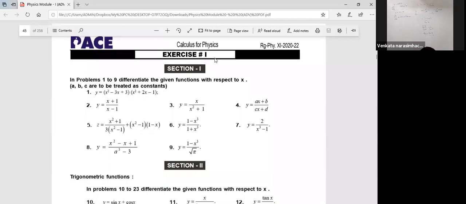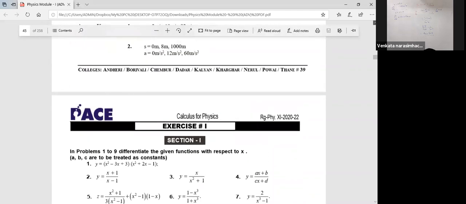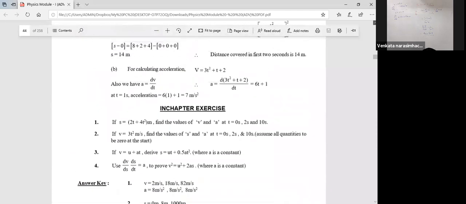Can you show the answers for the in-chapter exercise? In-chapter exercise answers, I'm going back.